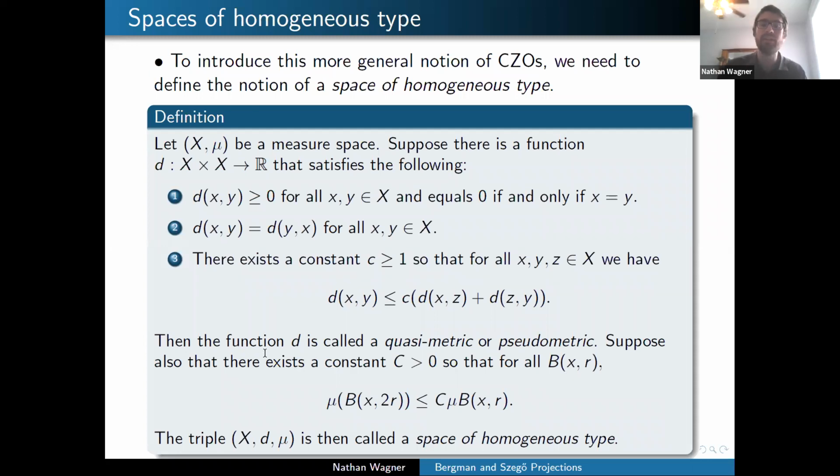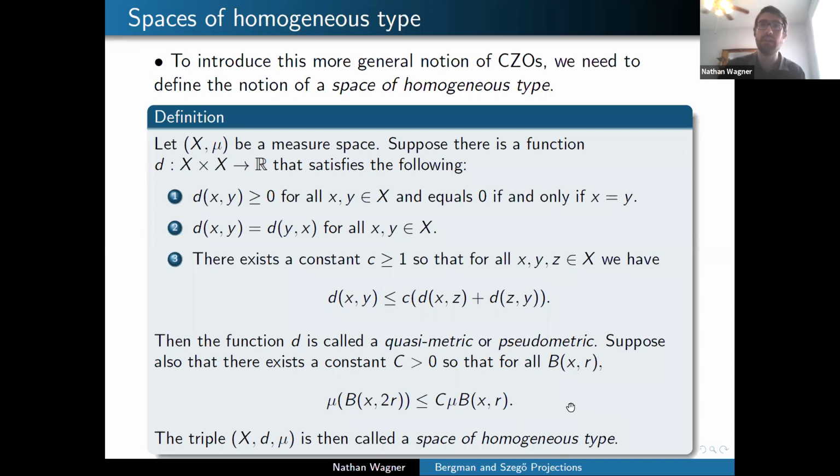The other condition of a space of homogeneous type is on the measure, and this is what's called the doubling condition. So we assume that there exists a constant C greater than 0 so that for all balls, if I look at this inflation of the ball, inflated twice, the measure of the ball with center x and radius 2r is controlled by a constant times the measure of the original ball.